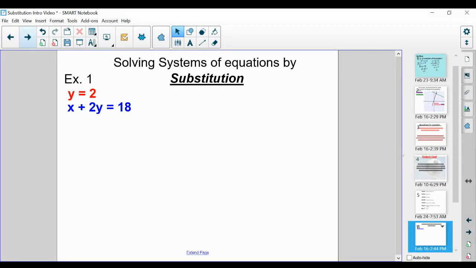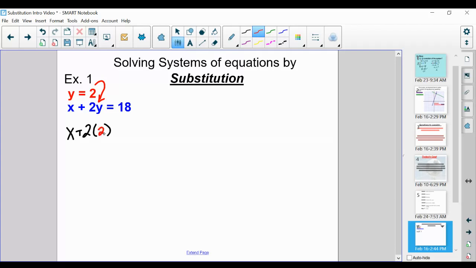Well, looking at this, we already have y all by itself, and we know y is equal to 2. So we're going to use step 2, substitute this value of y into the other equation. So it's going to look like x + 2 times 2 = 18.